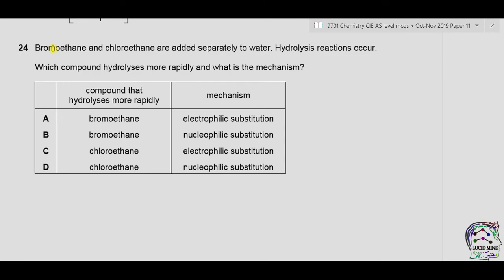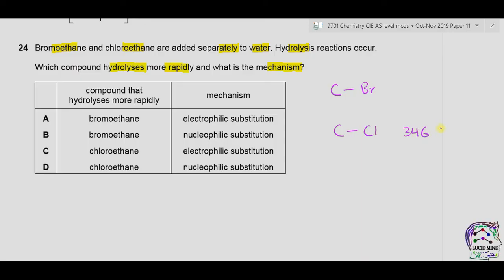Question 24. Bromoethane and chloroethane are added separately to water. A hydrolysis reaction occurs. Which compound hydrolyzes more rapidly and what is the mechanism? Now two options are given. One is bromoethane and second is chloroethane. In bromoethane, carbon is bonded with bromine, while in chloroethane, carbon is bonded with chlorine. Now we know from the data booklet that the carbon-chlorine bond strength is quite high.